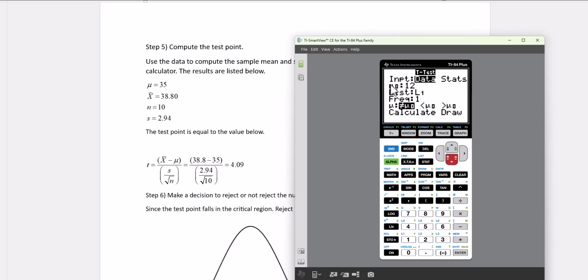You have to type in mu, in this case it's 35. You want L1 because that's where our data has been entered, and we need greater than. Hit calculate, and you can see that t is 4.09.